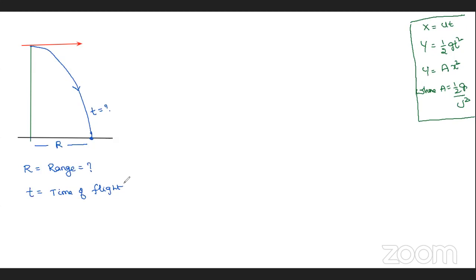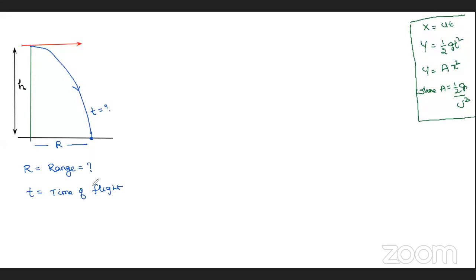Right. So how to find the time of flight? How to find the range? And keep in mind, you know the height of the tower. Don't forget, you know this height as h. So look here.